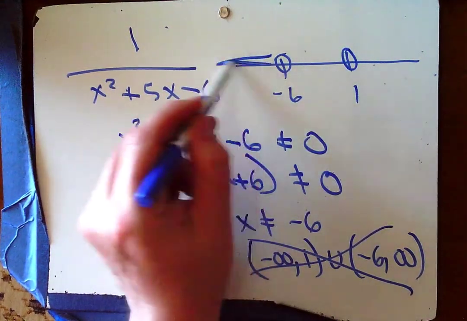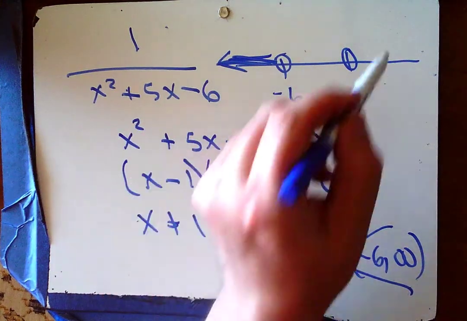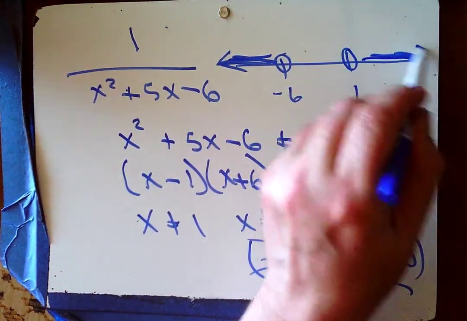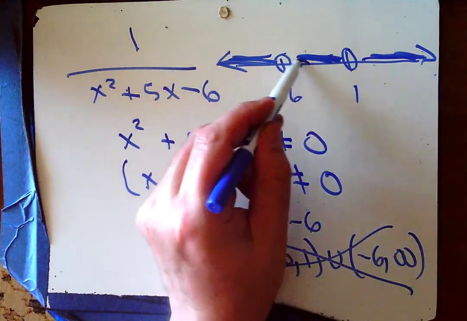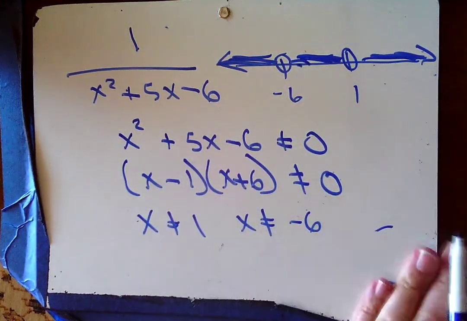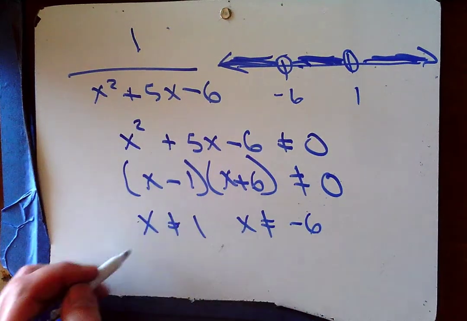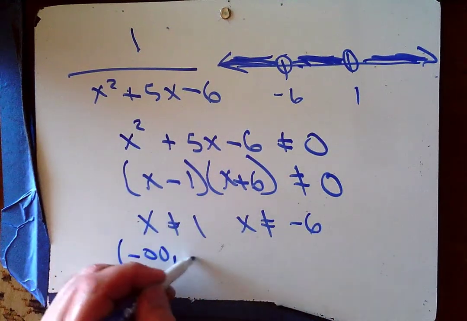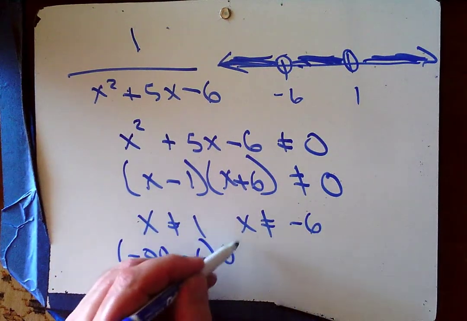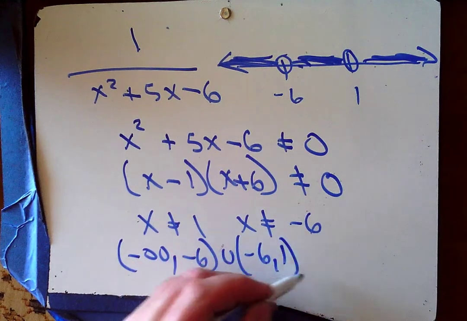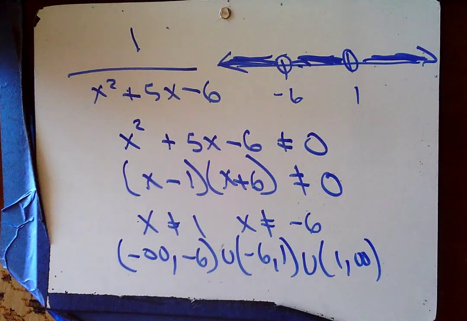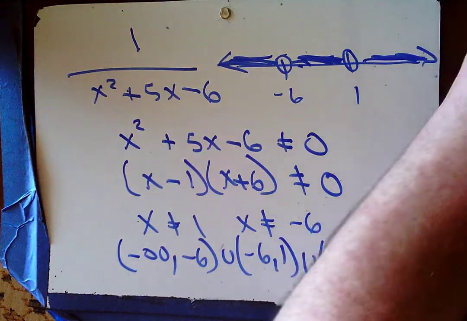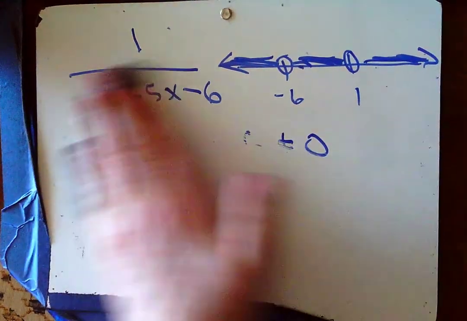And this works, and this works, and in here works too. So I need 3 intervals. I need -infinity to -6, I need -6 to 1, and I need 1 to infinity. Okie doke?